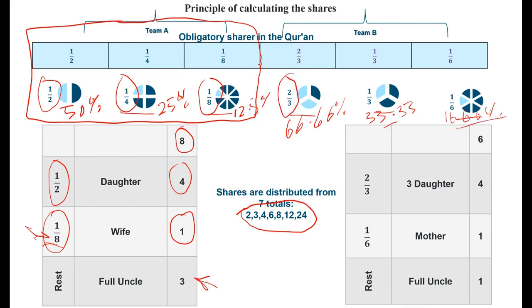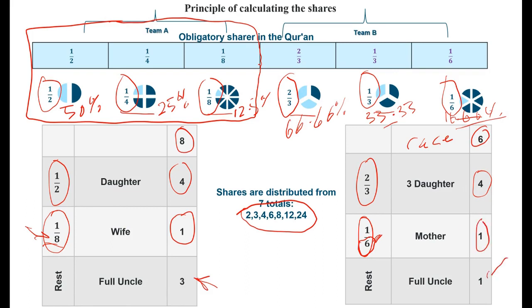If the denominators are in the same case, this is the case we have here. 3 and 6 are in the same case. We use the biggest number, which is 6. 2/3 of 6 is 4. 1/6 of 6 is 1, and the remaining goes to the person who's the asaba.